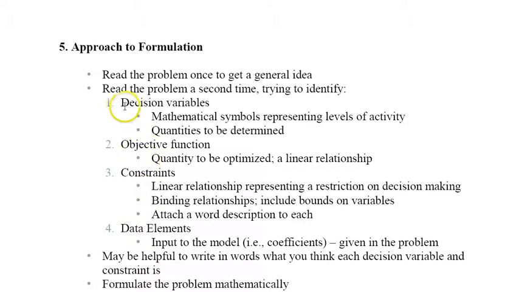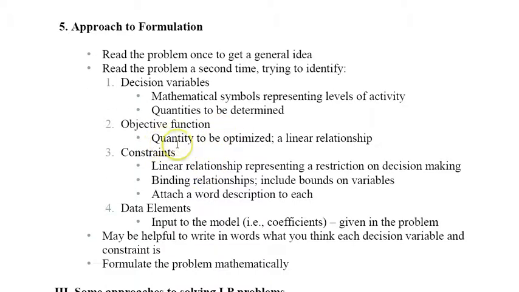When we talk about decision variables, we need to use mathematical symbols to represent the level of activity of each one of them, like x1, x2, x3, and so on. And we need to determine the quantities to be determined, so the values of these decisions when we optimize the problem.